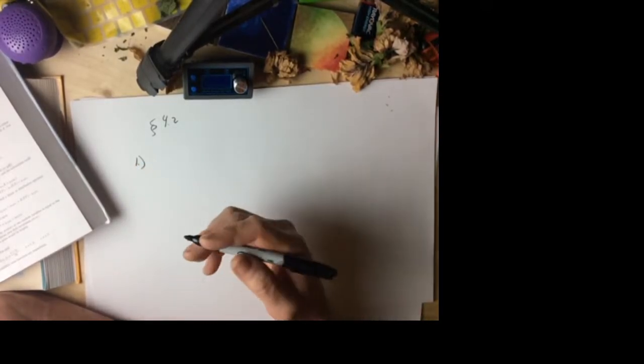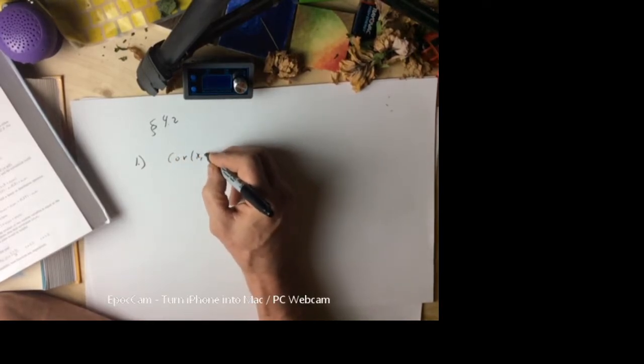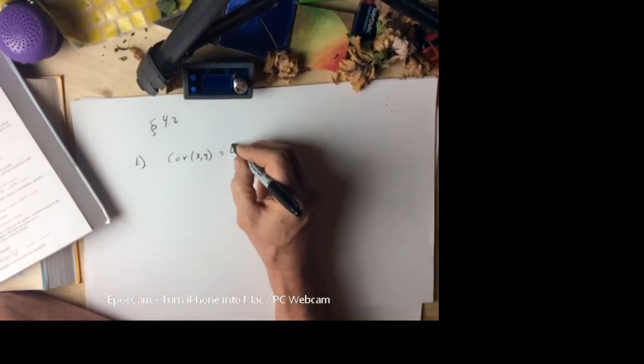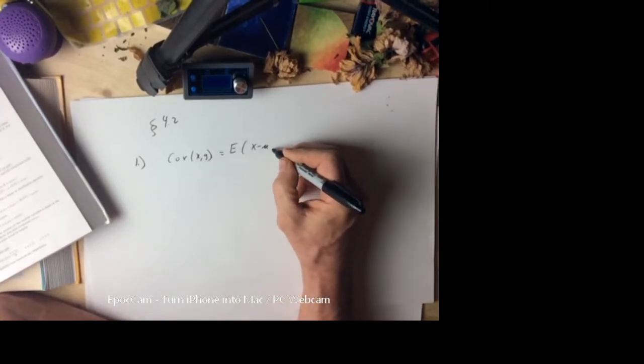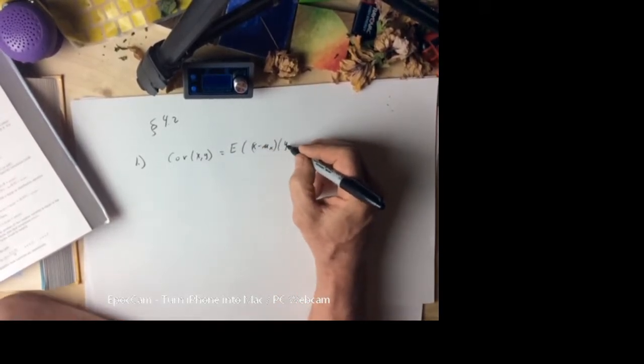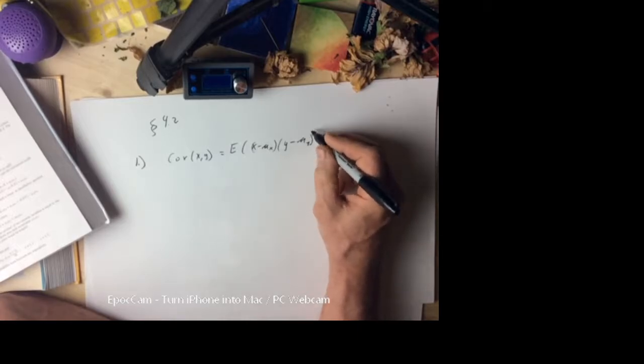First off, there is a definition which is important in this area, and that is our definition of the covariance of x and y. The expectation of the x minus mu of x times the y minus the mu of y.